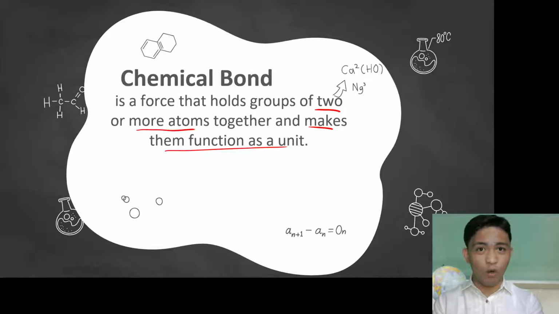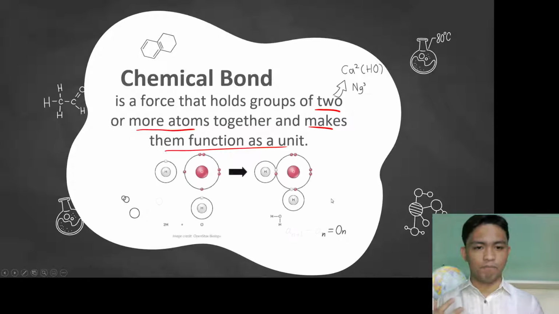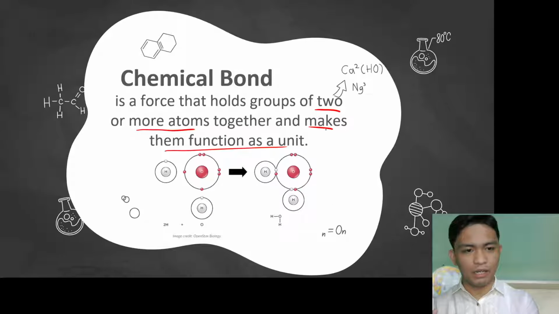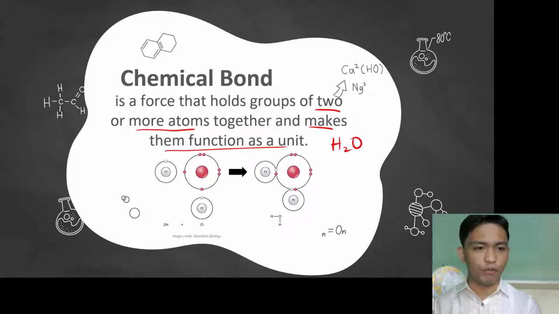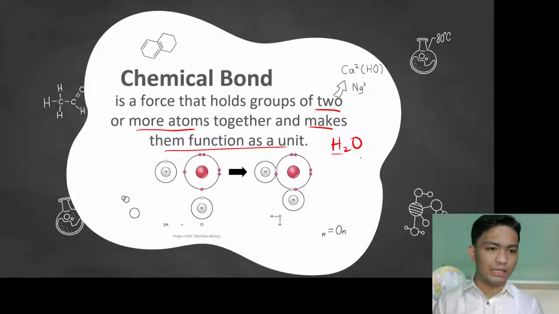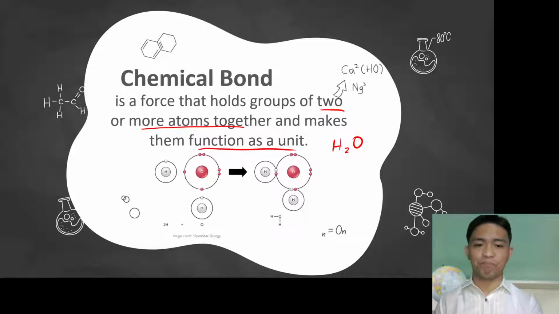So pwedeng dalawa o mas marami pa na atoms such that after this bonding, itong mga elements na to, they no longer, or atoms, they no longer act on their own, but rather, they already function as one unit. Let's take, for example, water. We write the chemical formula for water as H2O, meaning it consists of two atoms of hydrogen and one atom of oxygen.